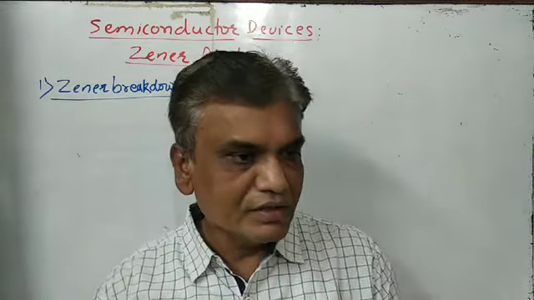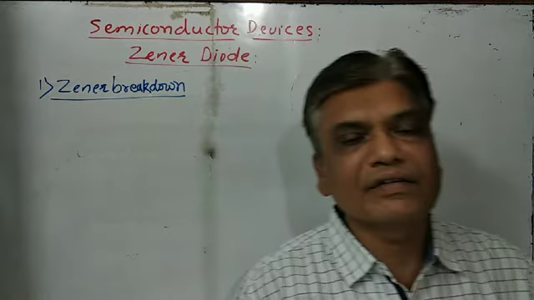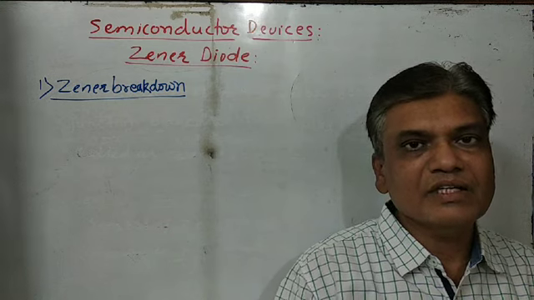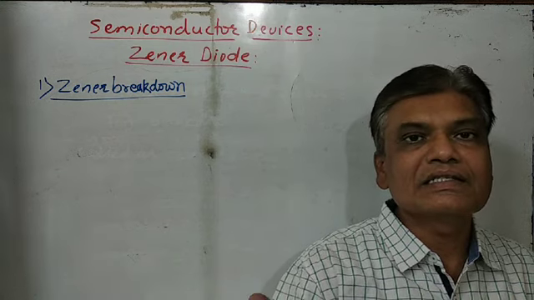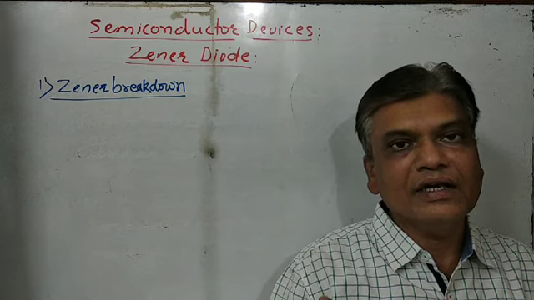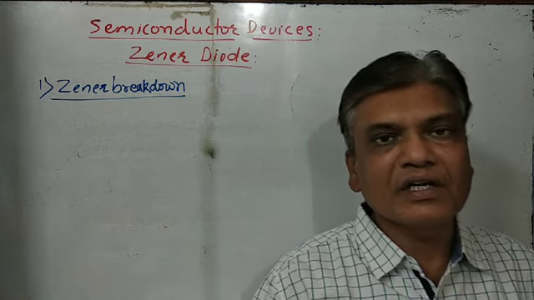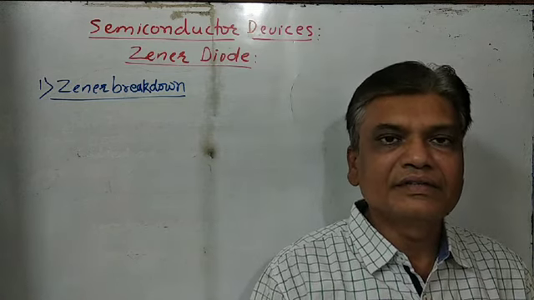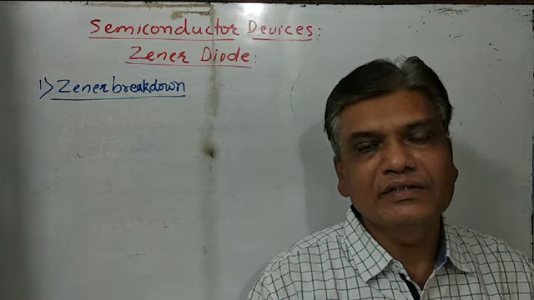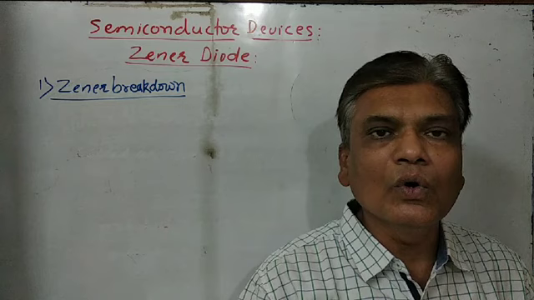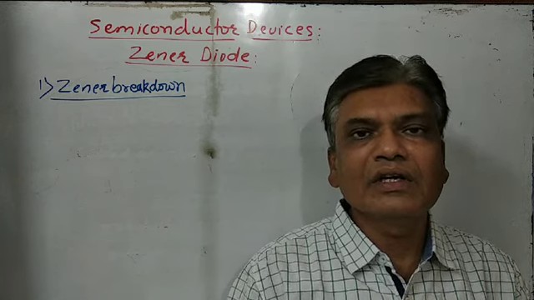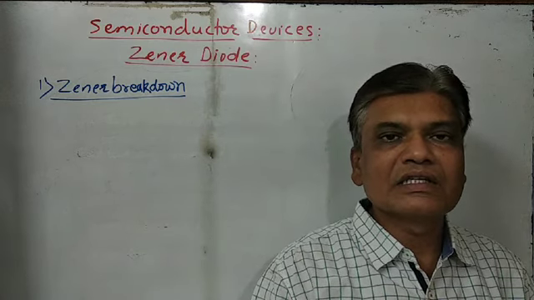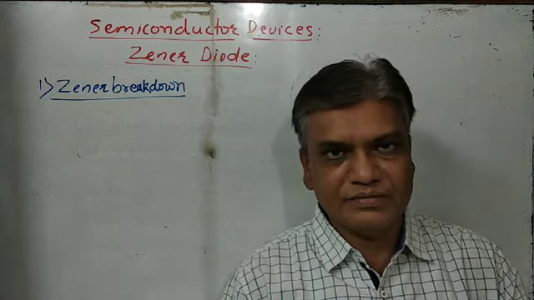In Zener breakdown, if we apply a reverse bias voltage across a PN junction diode and increase it, the electric field across the junction increases, and the electric field exerts a force of attraction on the negatively charged electrons, and these electrons separate from the covalent bond.